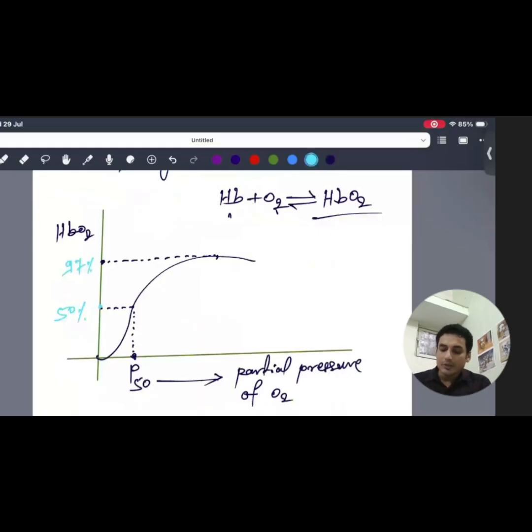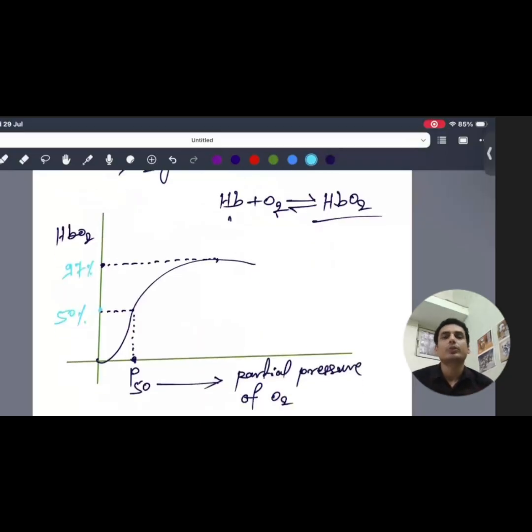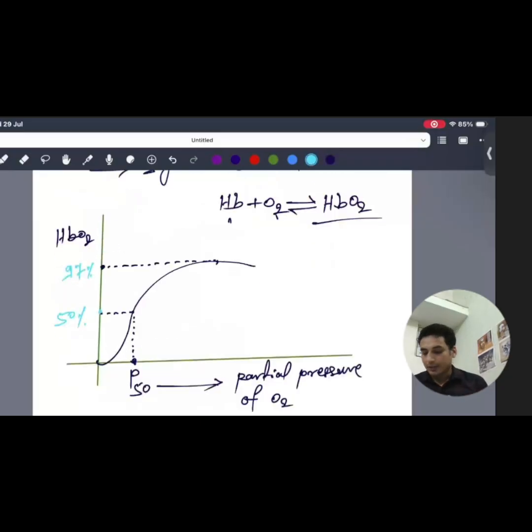This graph is known as the oxygen hemoglobin dissociation curve. At the x-axis you write the partial pressure of O2, and at the y-axis the formation of HbO2, the binding of hemoglobin with O2 and formation of oxyhemoglobin.